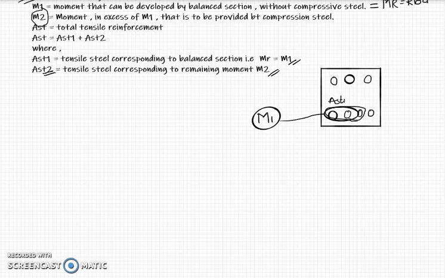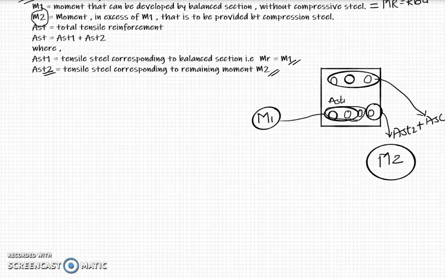This is just an example. So this is AST1. Now when it comes to M2, that is the additional moment, we have to provide this, that is AST2 plus the compressive steel, that is ASC, corresponding to moment M2. This is what it means.